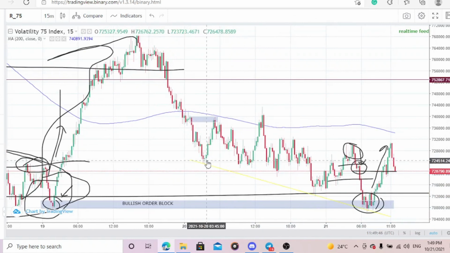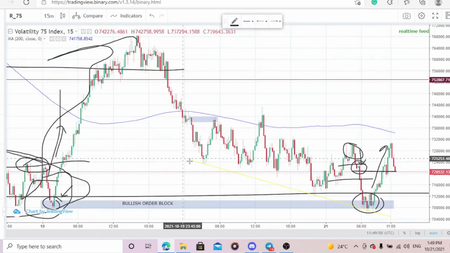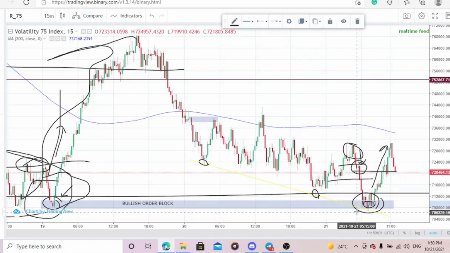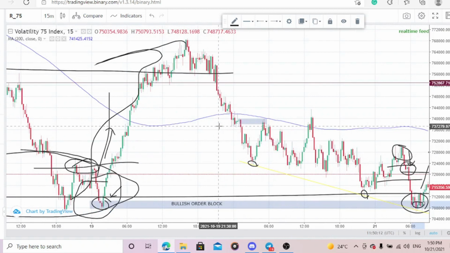This was our first touch, first touch, second touch on the trend line, and this is our third touch on the trend line. So when I saw this third touch, plus the bullish order block, I knew that the market was going to go up.